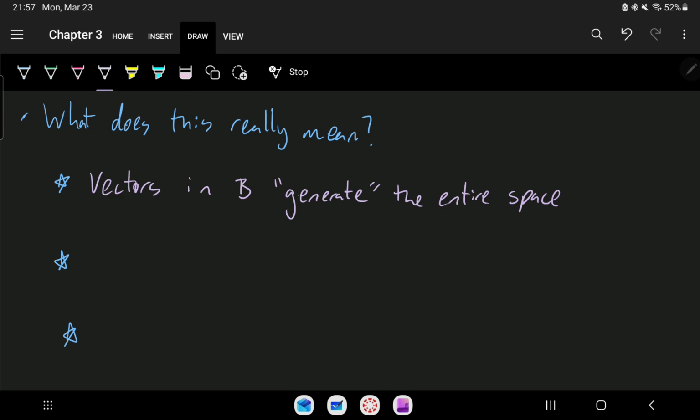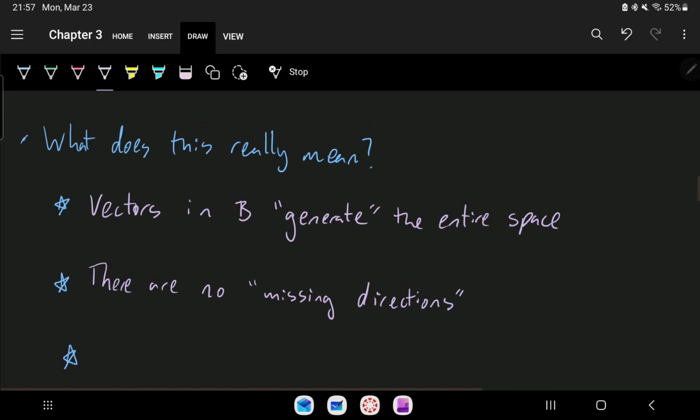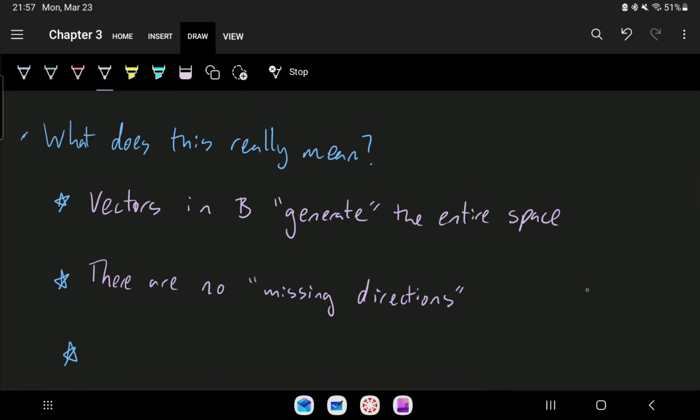The other thing that this can mean, going off of that, is that there are no missing directions, right? So we'll see this in a minute, but basically, if the space is something like, say, R3, the basis needs to be R3.